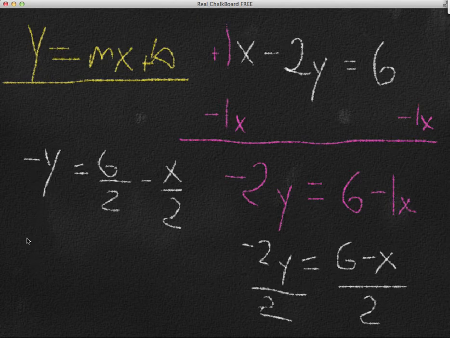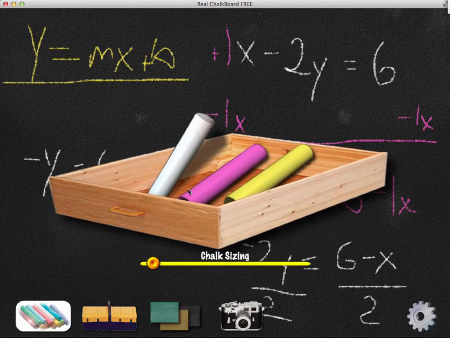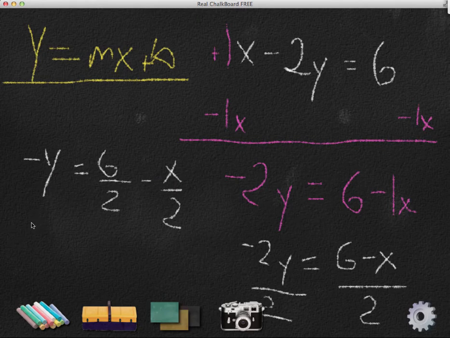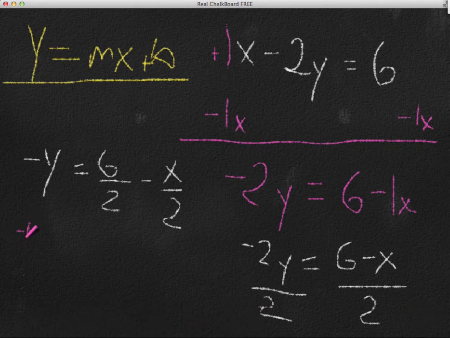But if I multiply this side by negative 1, times negative 1, that's negative 1 times negative y.